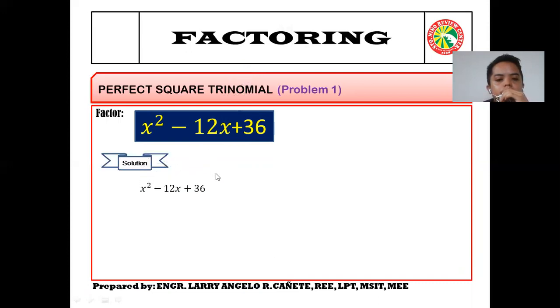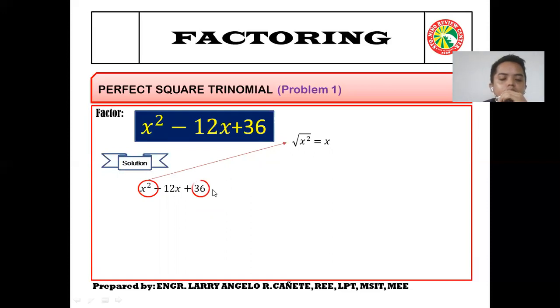The first thing to do is to check if the first term here can be square rooted. What is the square root of x squared? It is x. So this x squared qualifies and can be square rooted. Correct.